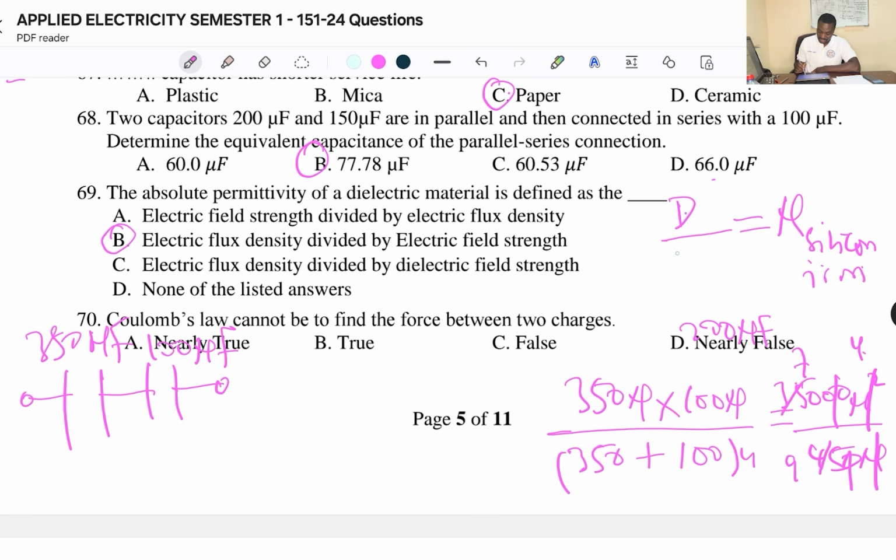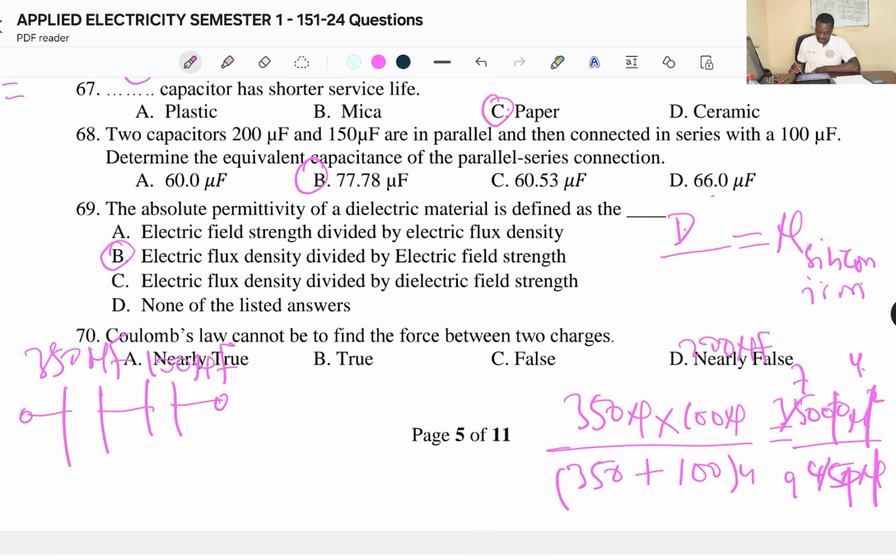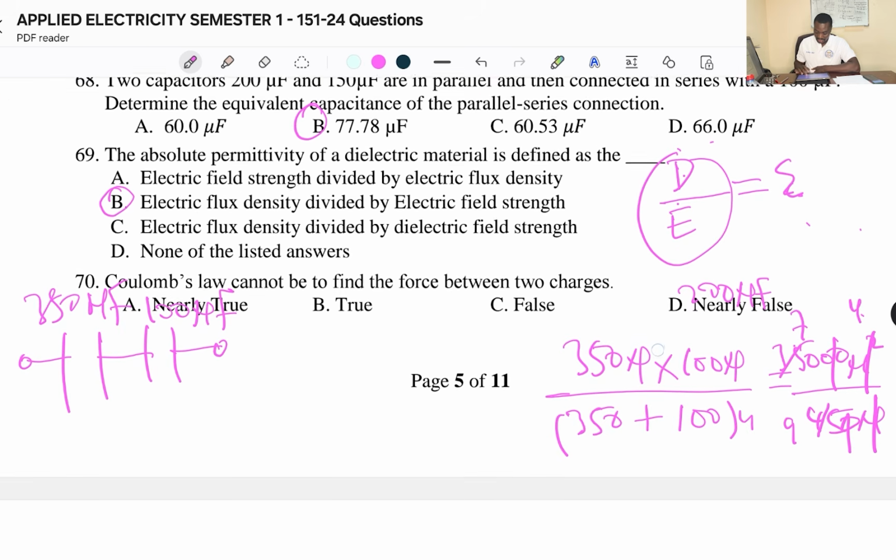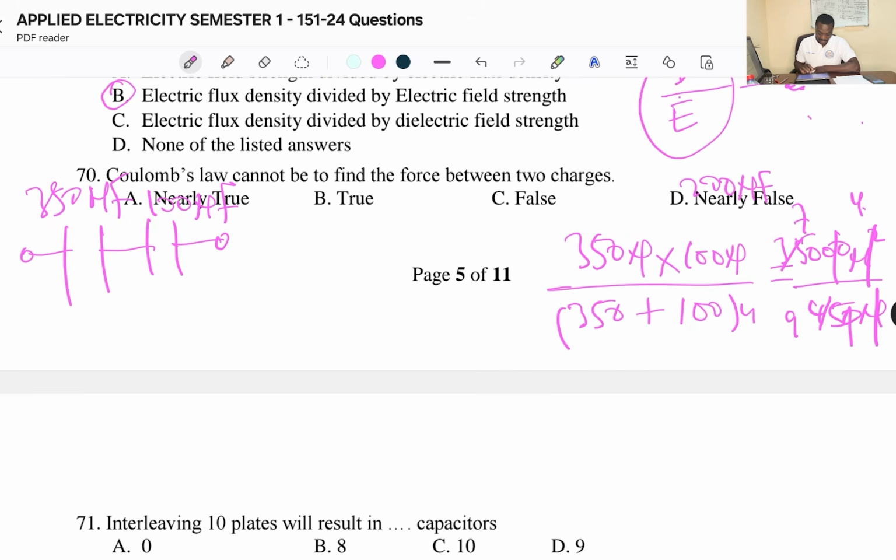And then electric field strength, that would be E. And then here we have permeability or absolute permittivity. But we see electric flux density divided by electric field strength. So that would be C.